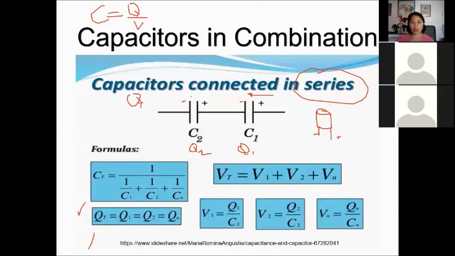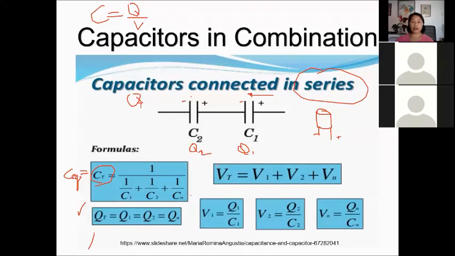So to find for the C total, may mga nakasulat na formula na CEQ, or this is capacitance equivalent or equivalent capacitance. Pareho din yan sa CT. No? So you add the reciprocals of the capacitance of the capacitors, and then kunin pa ninyo yung reciprocal. So that is how to find for CT if capacitors are connected in series.